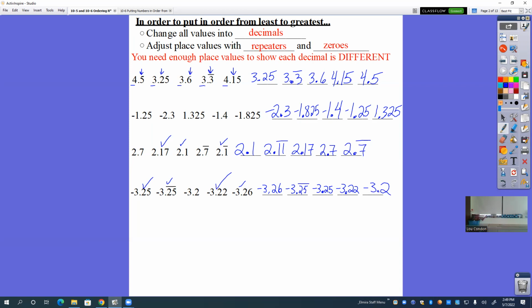And again, negative 3.2 is just a little bit greater than negative 3.22 because it would be negative 3.20, which is actually closer to 0 than negative 3.22.